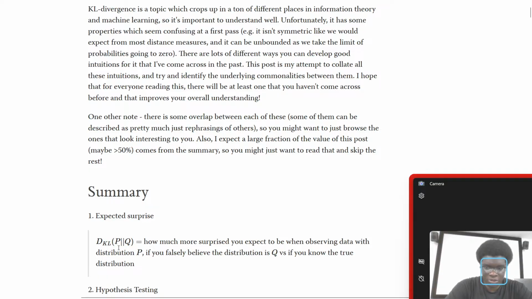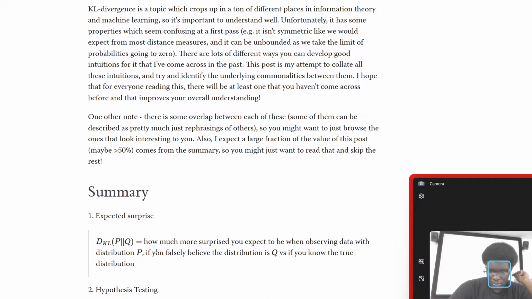The KL divergence of P and Q is how much more surprised you expect to be when observing data with distribution P if you falsely believe the distribution is Q versus if you know the true distribution.